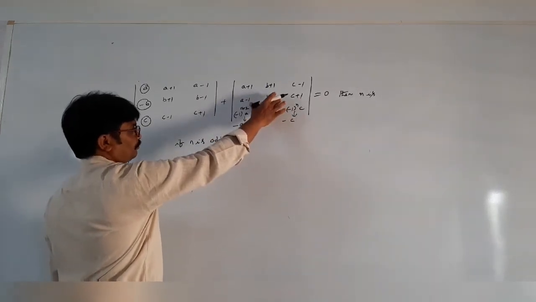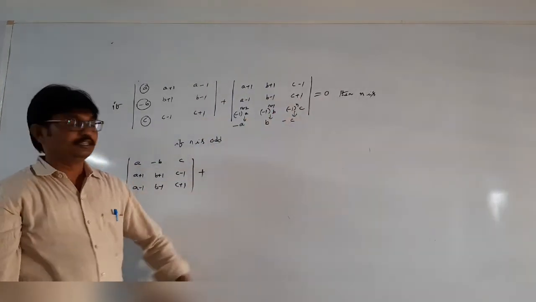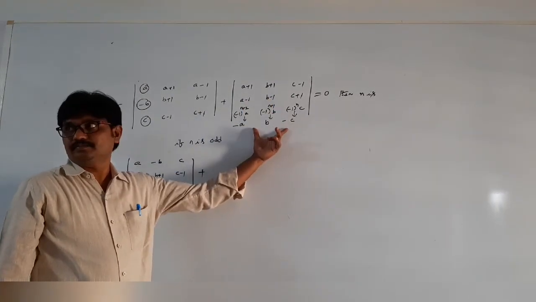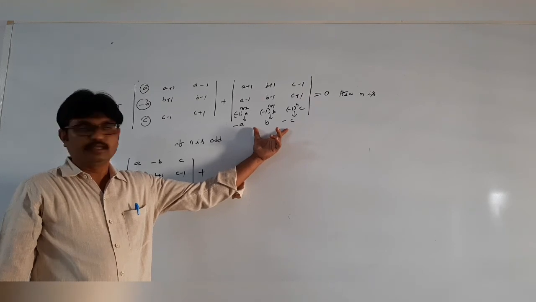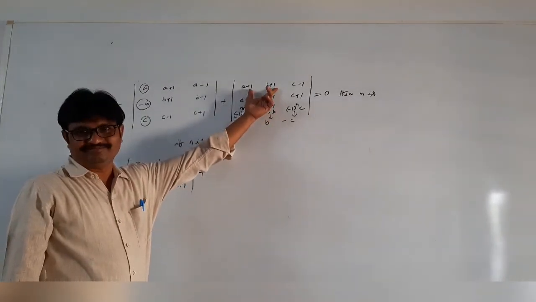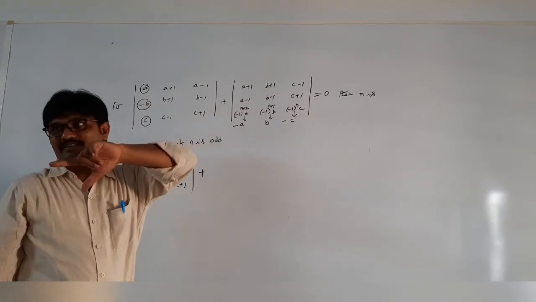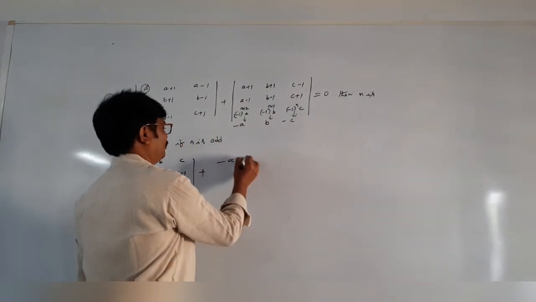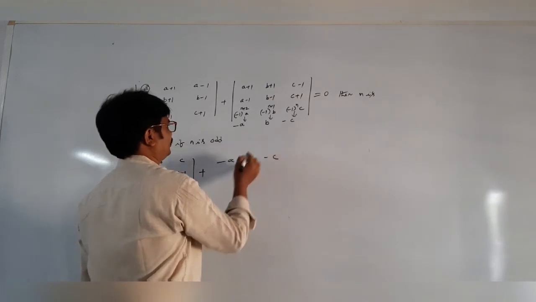Is it clear? First interchange C3 and C2, and we get a minus. After that, interchange C2 and C1, again we get a minus. Minus into minus is plus. Undoubtedly this is minus a, b, minus c.